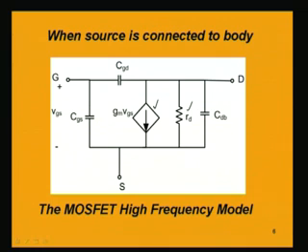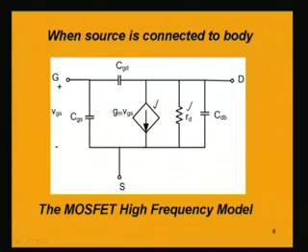So, this model, which is the high frequency model, will be now plugged into the actual amplifier circuit, and the response of the amplifier can be obtained. Of course, the computations etc. will be much more complex now, and it can be done easily in PSpice, not manually, because we are having now many computations to be performed.